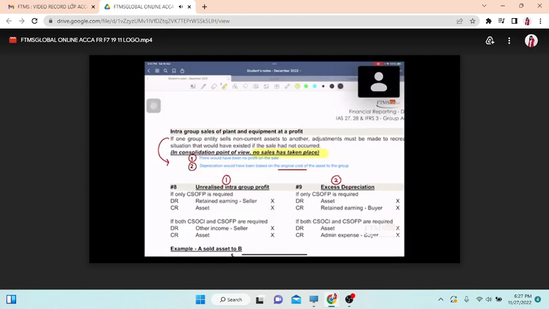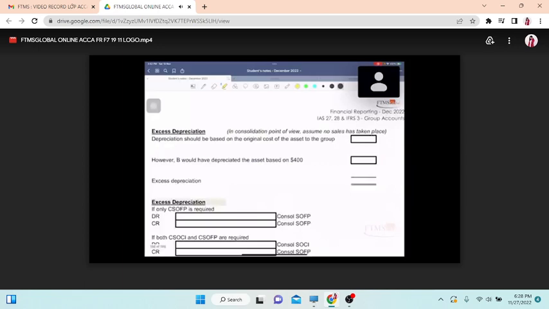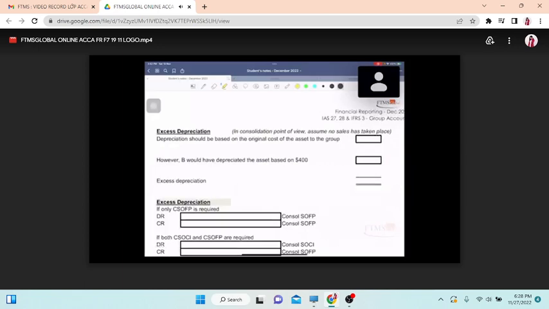So when I calculate my depreciation, I will use back the old cost and the old useful life. I ignore the new things. Let me show you what's happening here. From the consolidation point of view, no sales has taken place, so depreciation should be based on the original cost of the asset to the group.